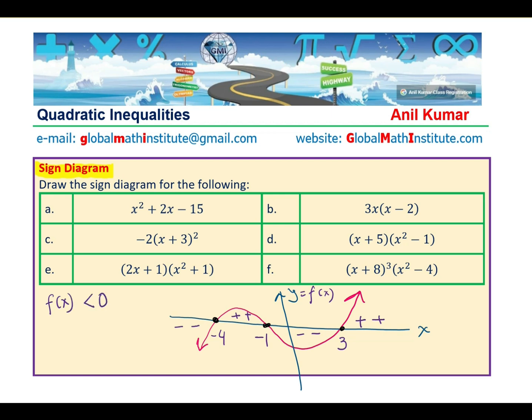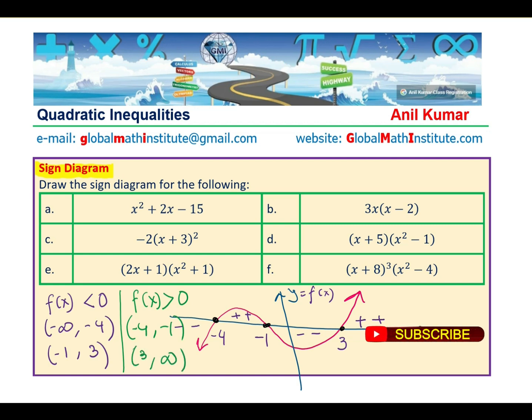is less than 0 in these intervals: from -infinity to -4, correct? And then from -1 to 3. Similarly, the function is greater than 0 between -4 and -1, and beyond 3, with infinity as the other end.